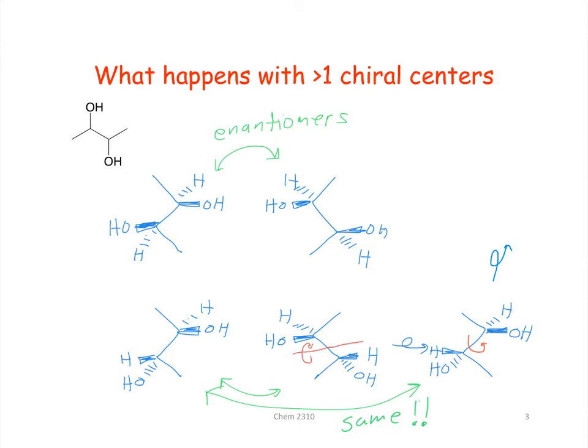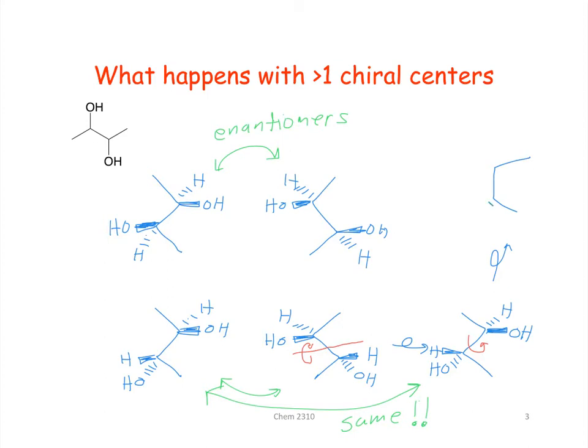So I'm going to keep the bottom carbon the same. I'm going to rotate this one around so this carbon is 180 degrees pointing the other way. So this OH is going to rotate 180 degrees. It's going to be a dashed line. This one's going to come out in front.